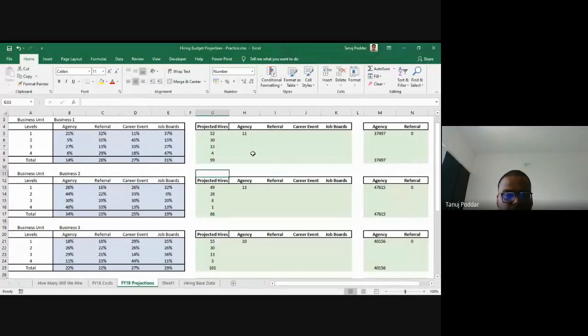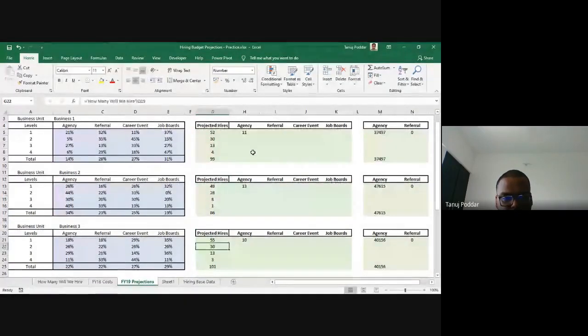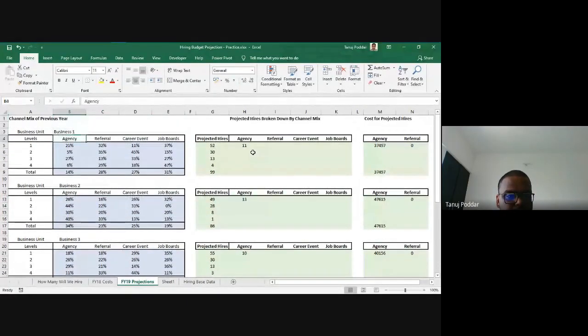Now the next thing that you will do, for which you will again go to the pivot, is to fill in these blue numbers. What I'm basically doing here, if you see this particular breakout, is this: for business 1 at level 1, for the number of hires that I did, what is the percentage breakout of those hires?